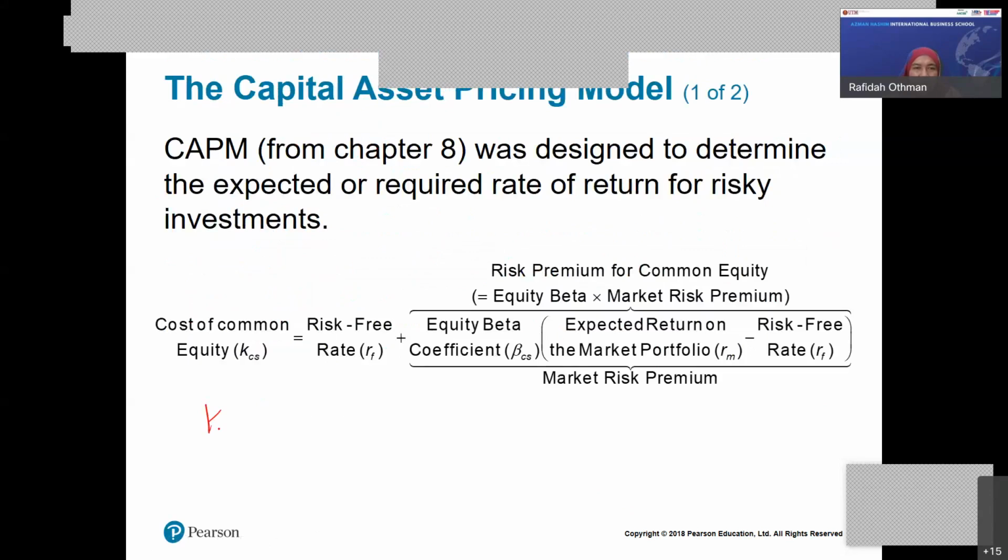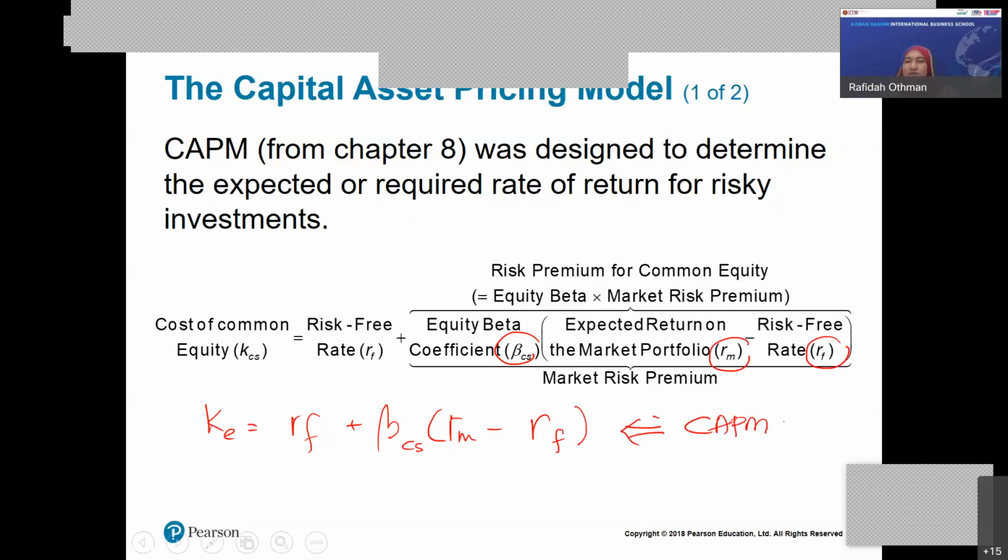The cost of equity equals RF plus beta for common stock times (RM minus RF). This is the CAPM formula. This is how we find the cost of common stock, cost of preferred stock, and cost of bond. We have learned this so far.